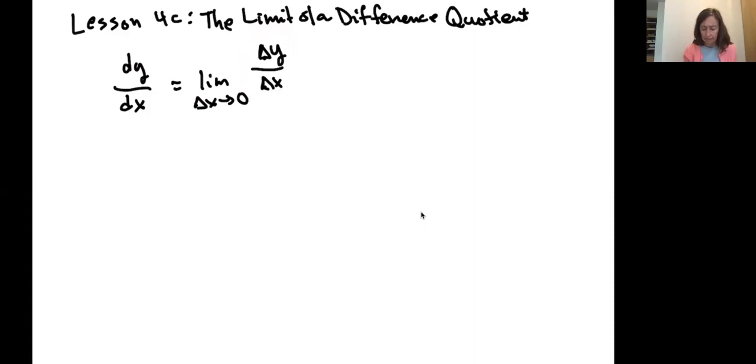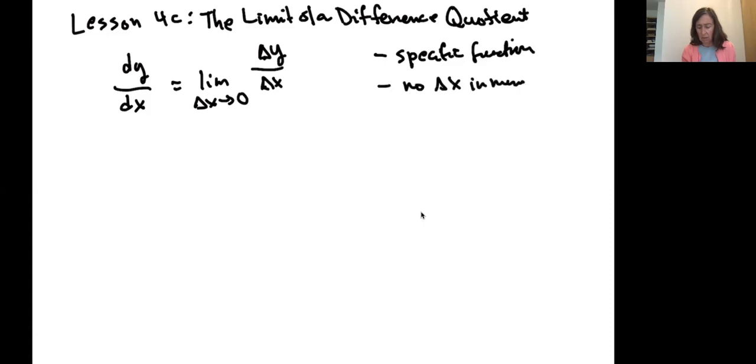I'm not seeing the specific function. I'm just seeing this delta y, and I'm not seeing delta x in the numerator.